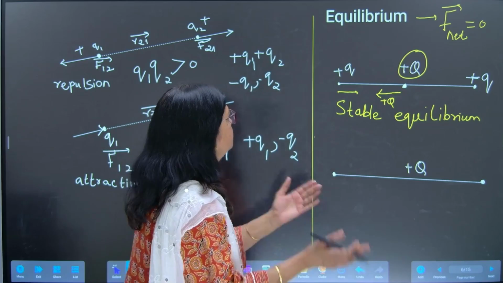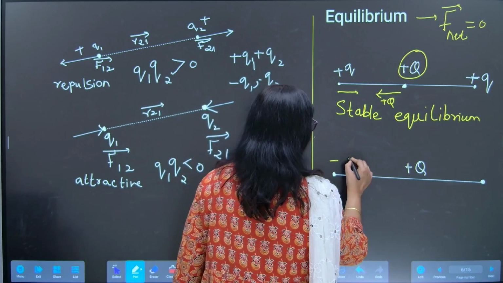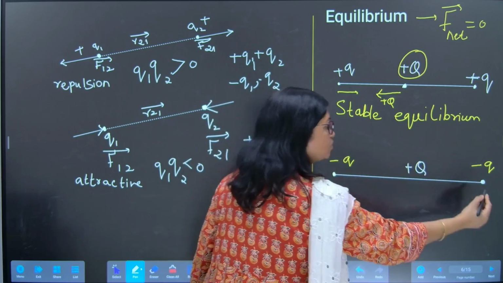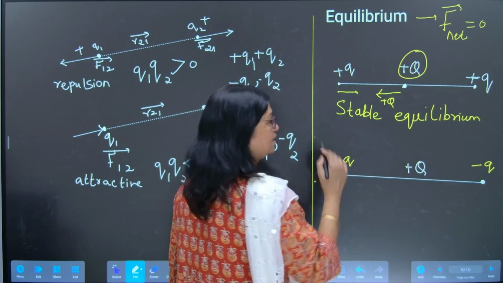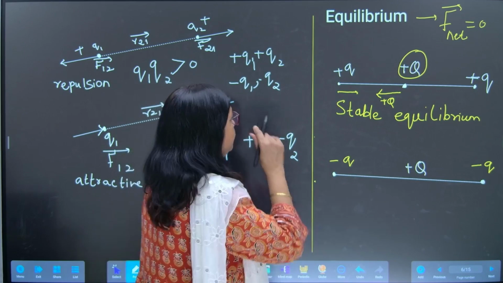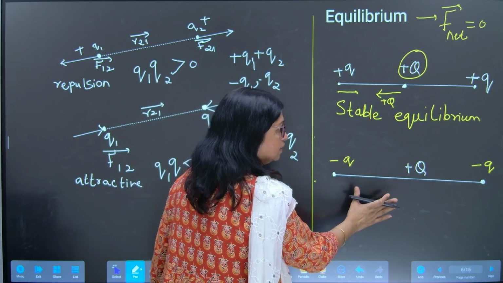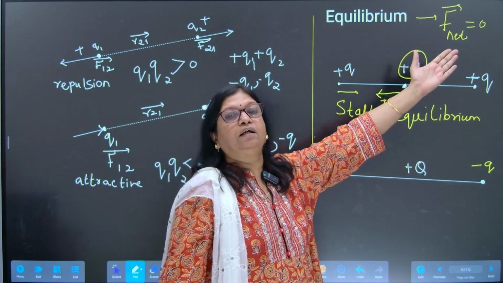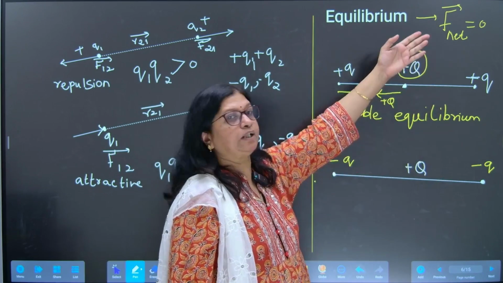Now let us consider another example in which we have again a system of charges in which at the ends we have negative charges and in the center we have a positive charge of any magnitude. So now we are saying that the system of these three charges is in equilibrium. So automatically the net force on this system of charges is equal to 0.